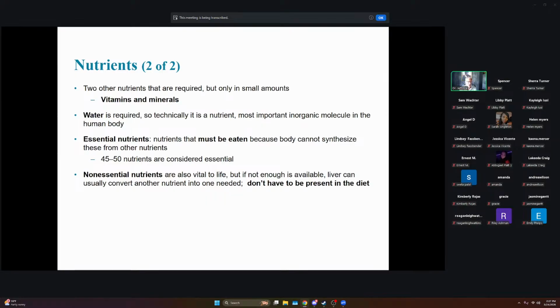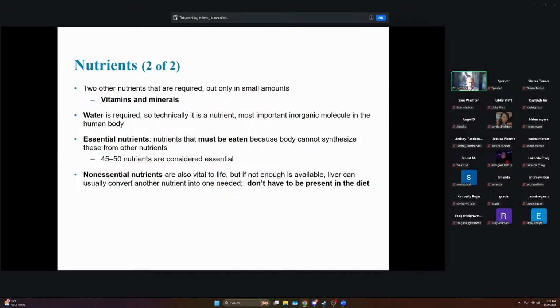So for example, if we run low on glucose, which is a monomer version of monosaccharides of carbohydrates, our body can convert fat to glucose, to carbohydrate. Okay, our liver can convert that. So it's technically a non-essential nutrient because we can take something else and replace it and convert it.